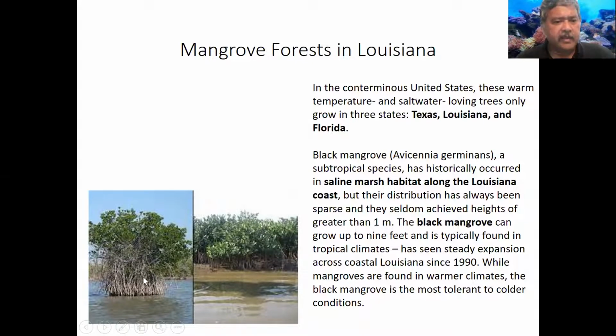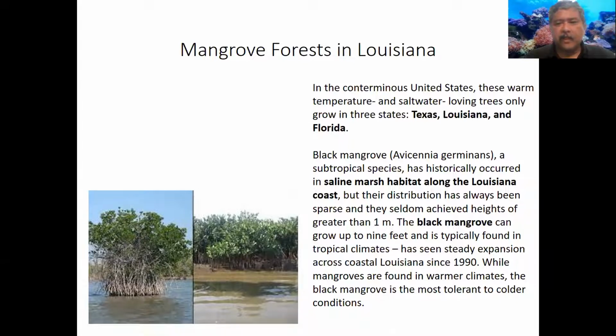It used to be these trees would only be about 3-4 feet high, but now they can actually grow to about 9 meters. So 9 times that, so they can get much taller. So they're getting bigger and taking up more area in Louisiana and eastern Texas.